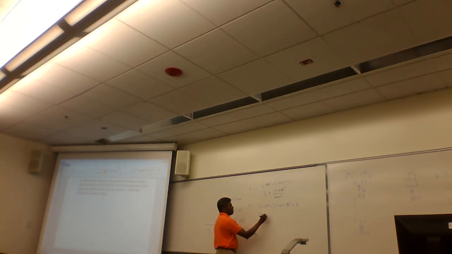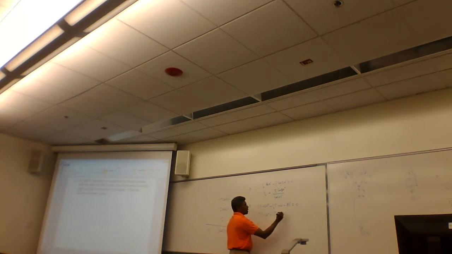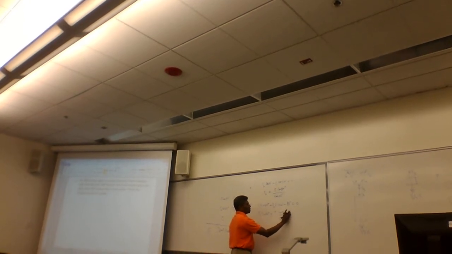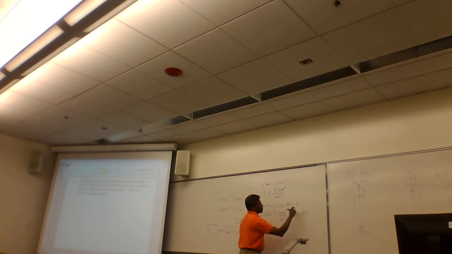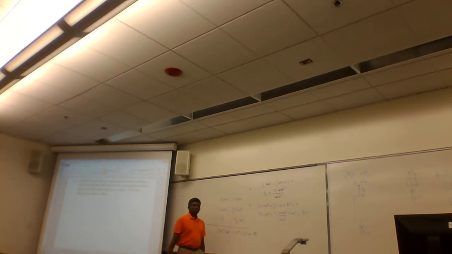T1 sine 50 plus T1 cosine 50 divided by cosine 25 times sine 25 is equal to 85. I took 85 to the other side. Now you'll see that I have only T1, right?